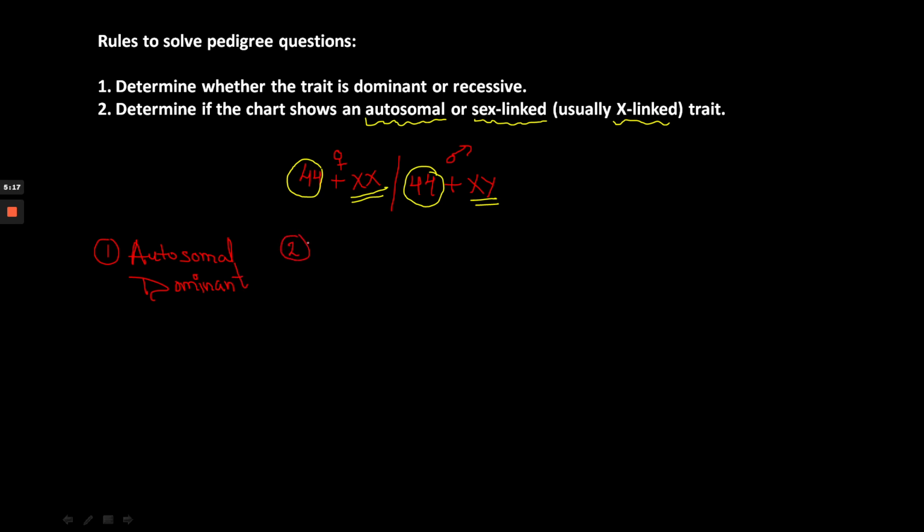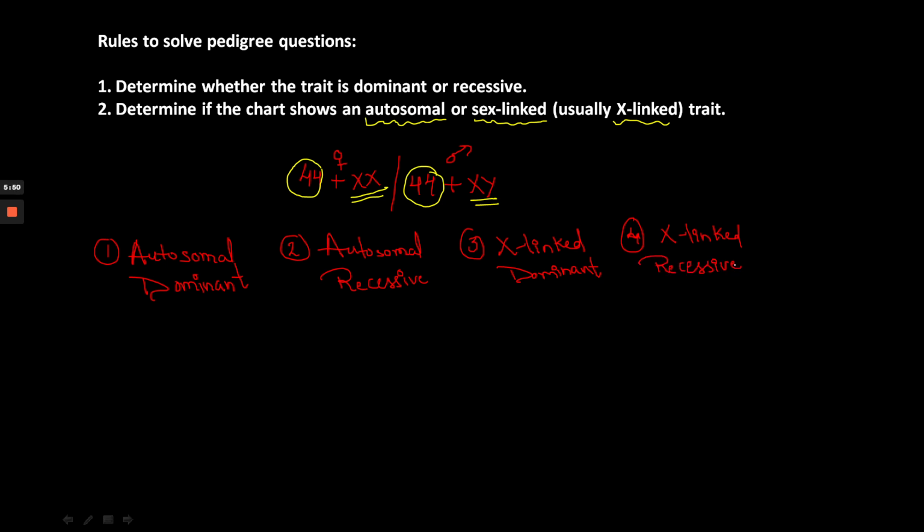Then it could be autosomal recessive. It could be X-linked dominant. Well, I'm taking X-linked as these are the most common ones. And it could be X-linked recessive. Right, so four types of disorder can be there.